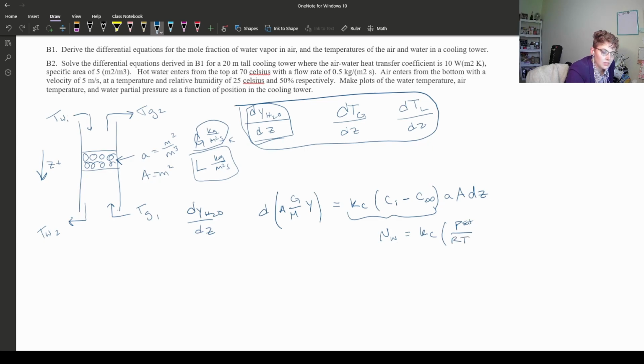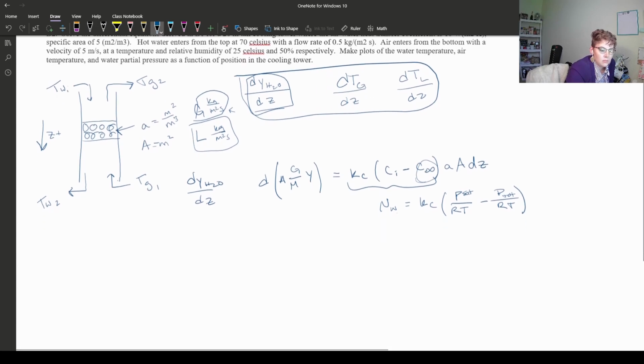And then out in the environment outside of that is going to be the total pressure over the gas constant times temperature. So that is our molar flux. We don't need that right away for this problem, but it'll help us later.